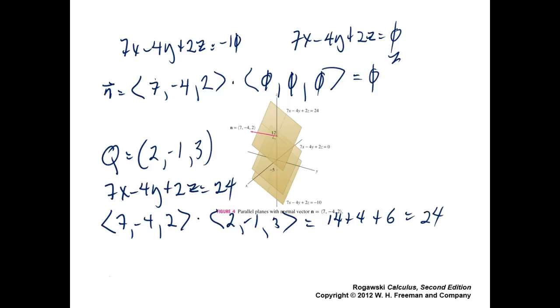And here we have it, in case you aren't wanting to work any. There's your original one, the dot product of the vector from the origin to here and your normal vector is -10. That would be down there. Through the origin, that would be that one. And 24, that would be somewhere out there. The normal vectors are all the same. That's why the coefficients are all the same.